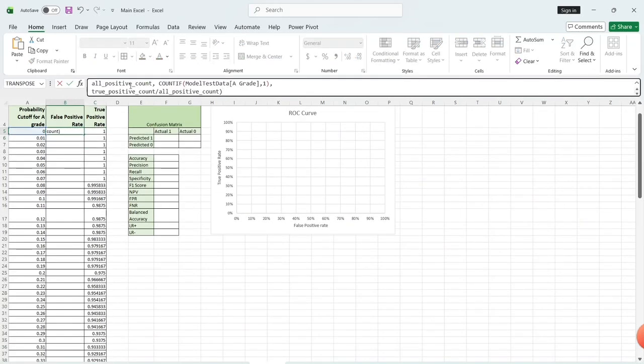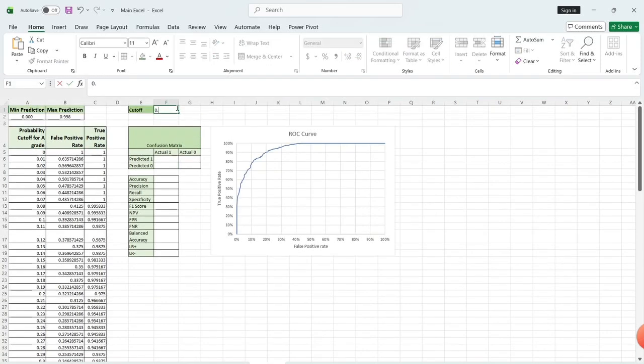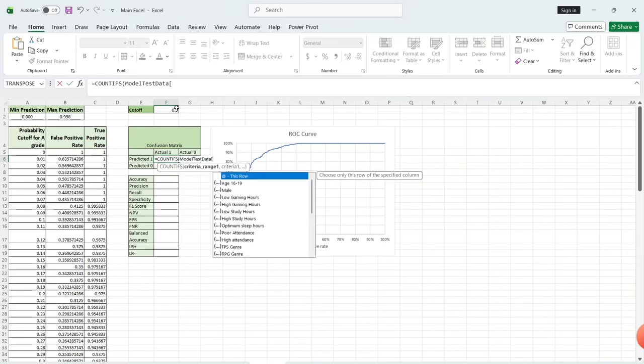And the false positive rate is also calculated, which is the percentage of instances where we predicted an A grade even though the student did not achieve one. The ROC curve has now been charted using the true positive and false positive rates. We then move to finding the values for the confusion matrix using a cutoff value that looks favorable to us.